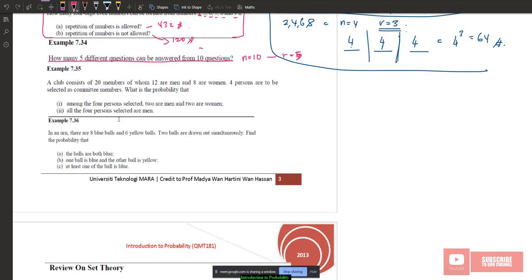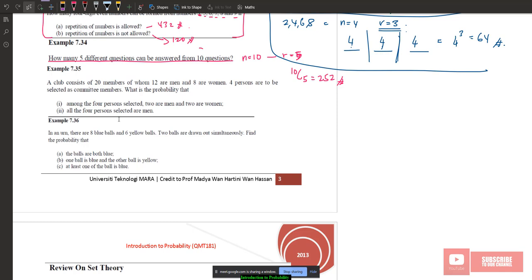It does not tell us whether order is important, so we assume the order is not important since it does not mention the importance of the order of arrangement. So we should use 10 choose 5. So this one should be equal to 252, right?